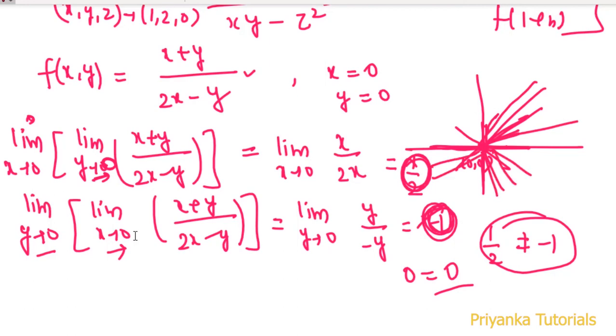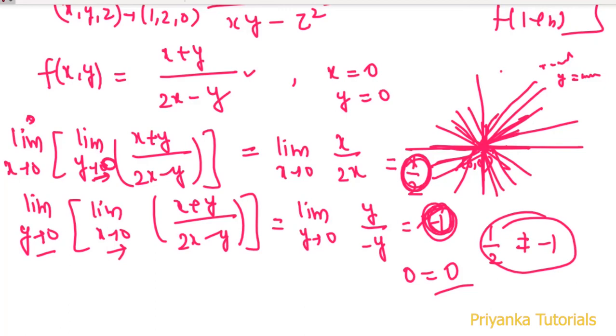The value should be the same from them too, we have to check from them too. But how can you check for each path? Suppose this is y equal to mx, this is y equal to mx square, this is y equal to mx cube. It is itself one path and it consists of infinite paths inside. Right? So how will you check?